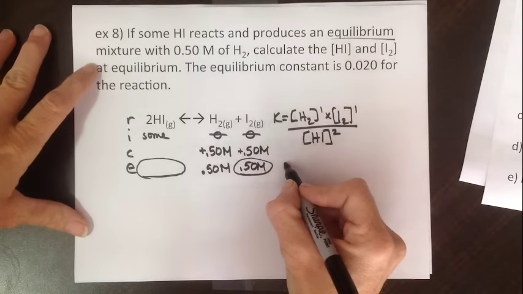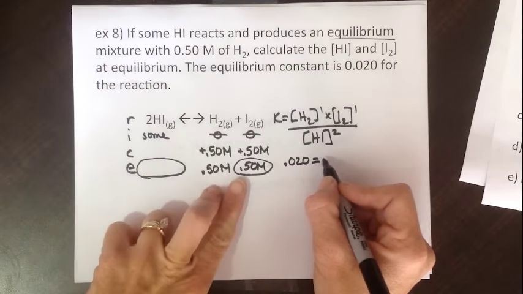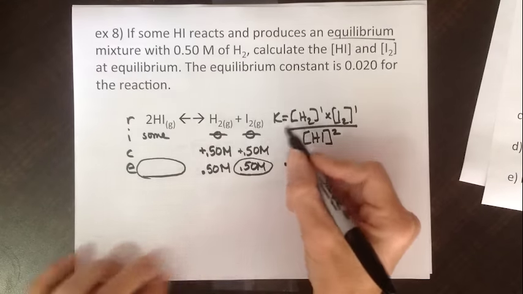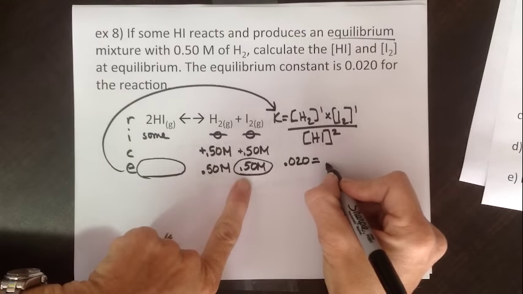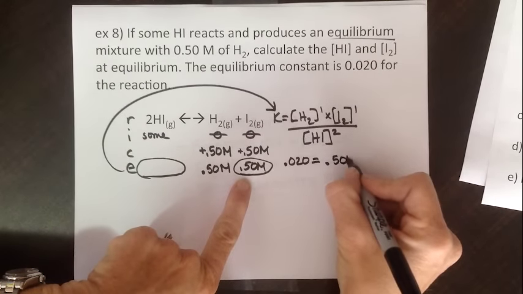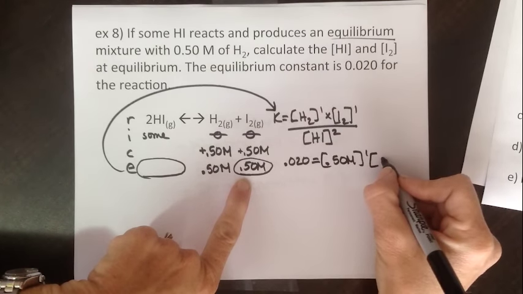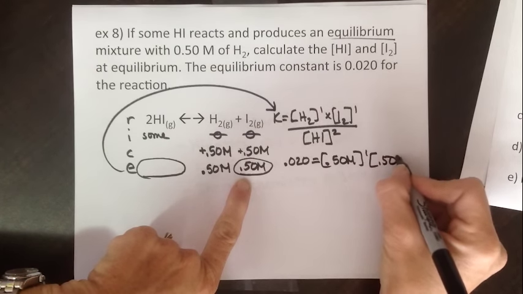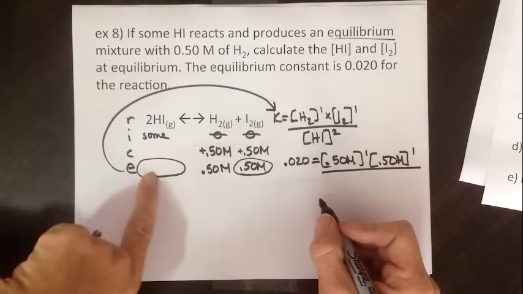So K, I'm going to plug in here, is 0.020. I'm just plugging in these numbers. Remember, equilibrium goes with the equilibrium constant. So hydrogen is 0.50 molarity raised to the first. Iodine is 0.5 molarity raised to the first.